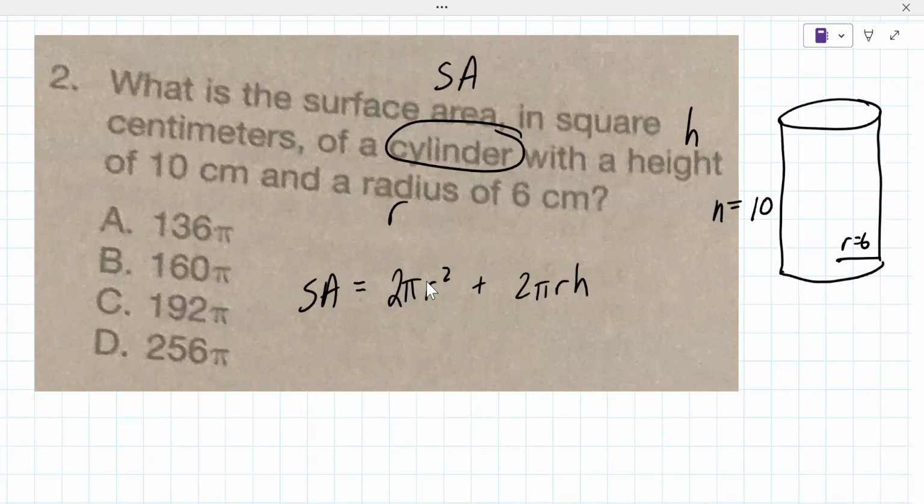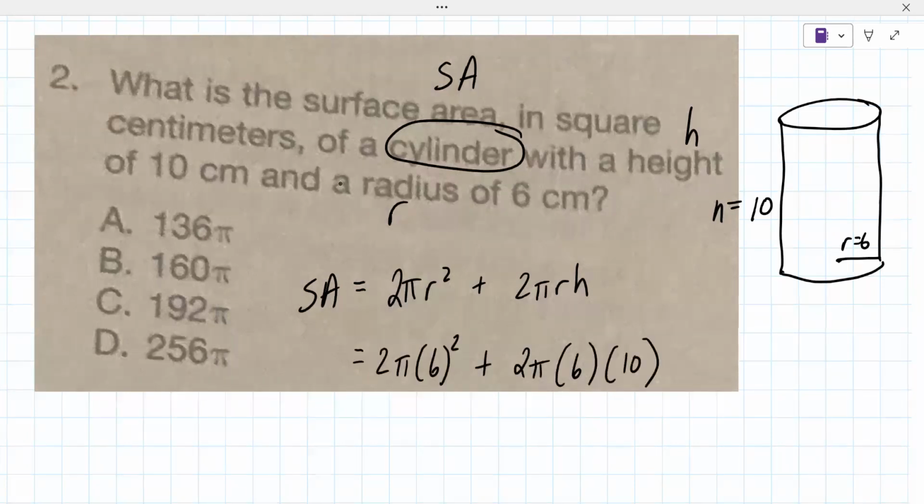And pi is 3.14. But notice all the answers have a pi in them. So you actually hold off on it, the pi goes with it. So it's 2 pi, the radius is 6 squared. 2 pi, the radius is 6, and the height is 10.